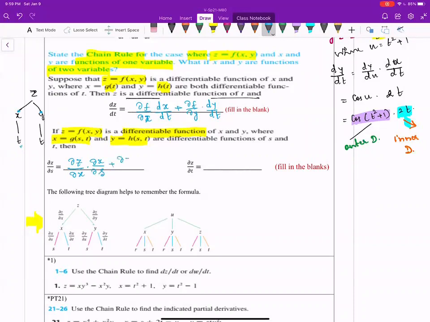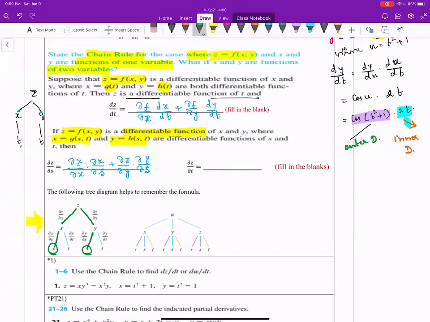Then you differentiate z partially with respect to y, and then y partially with respect to s. If you notice in this diagram, everything ultimately should end up with s.